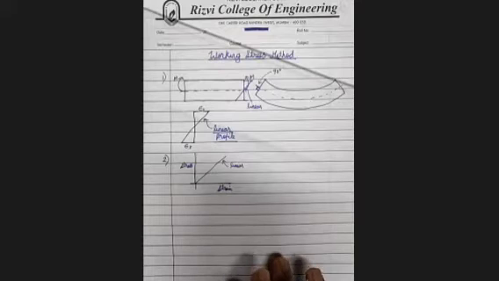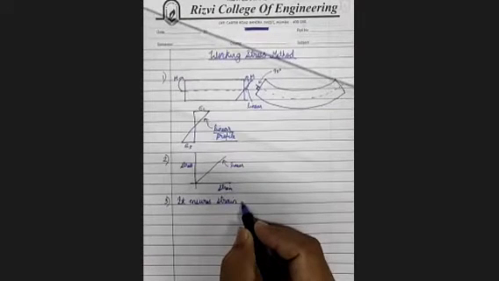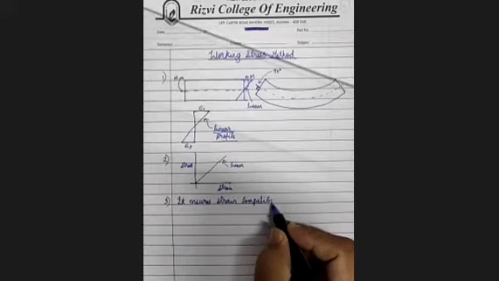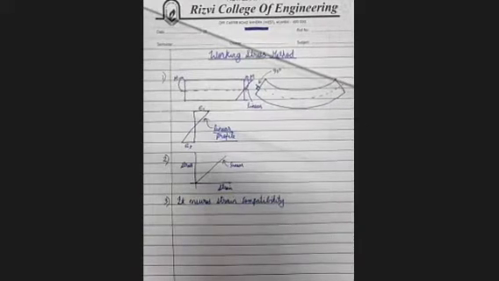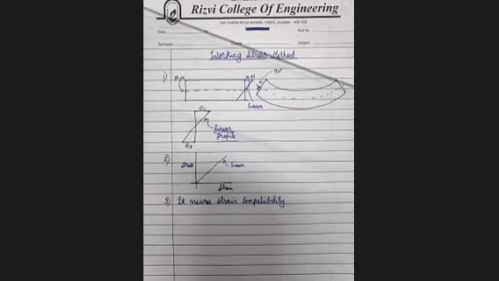It ensures strain compatibility. This is important. Suppose you are asked in a competitive exam what is the meaning of the assumption that there's a perfect adhesion between steel and concrete. It simply means that it ensures strain compatibility.